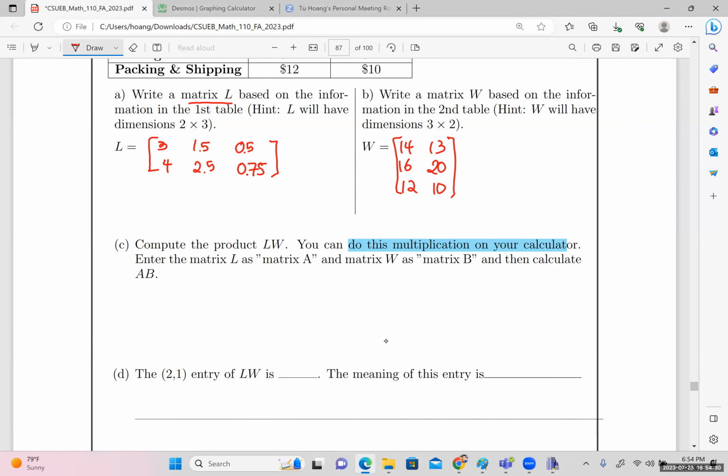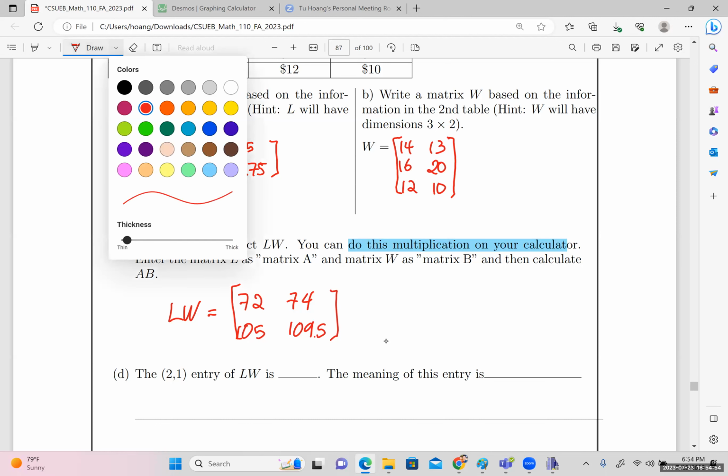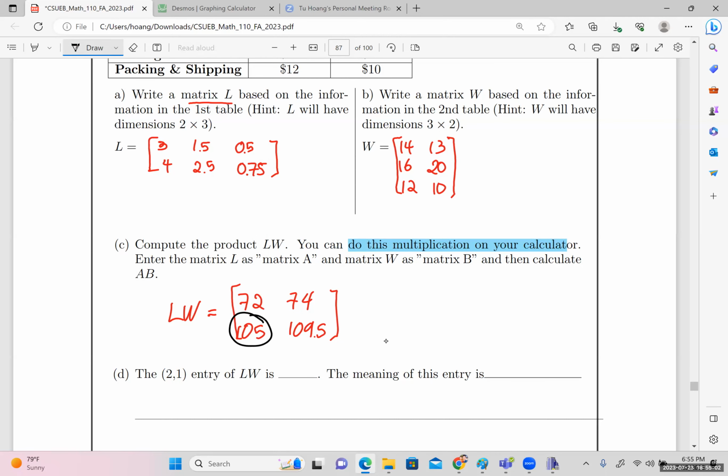LW will be 72, 74, 105, 109.5. So how do you say the 2-1 entry, which is row 2, column 1, is 105.